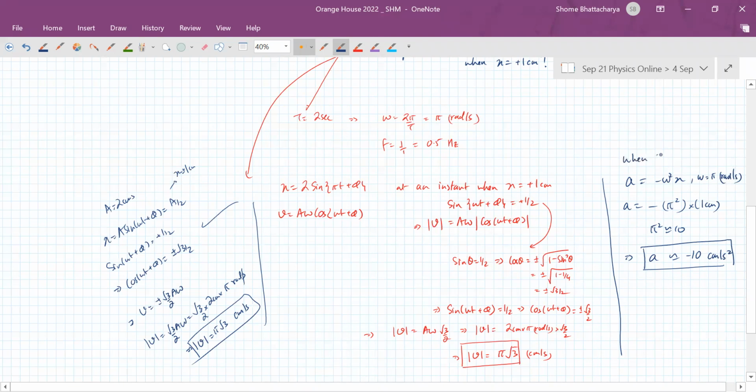So the direction of the acceleration is towards the origin, as always the case, and the magnitude in this case is 10 centimeters per second square. So just make a quick note of this. We'll move on.